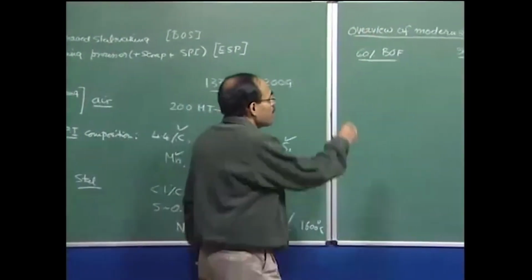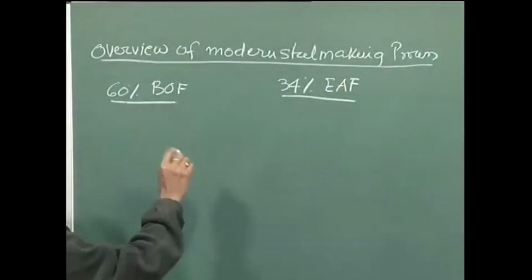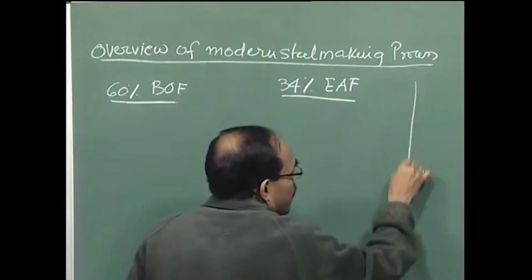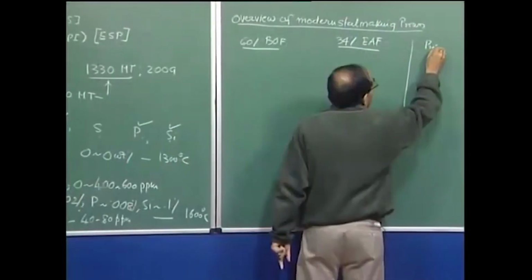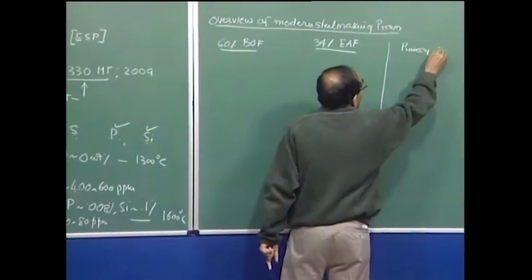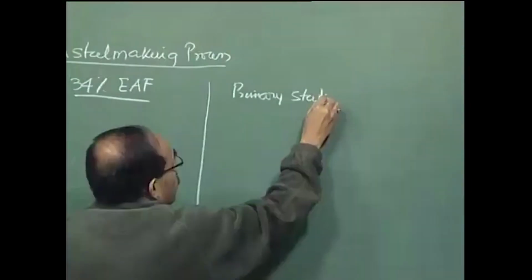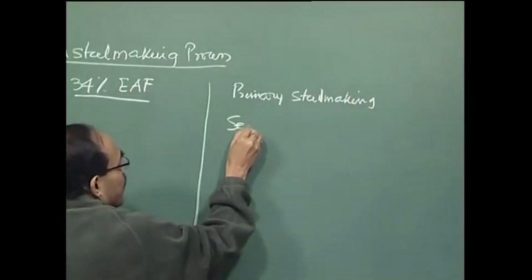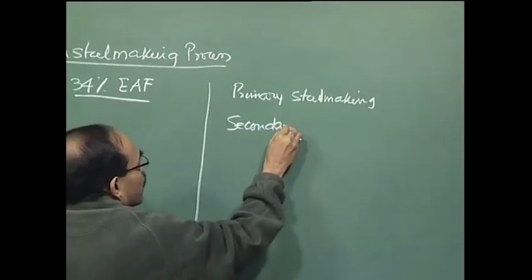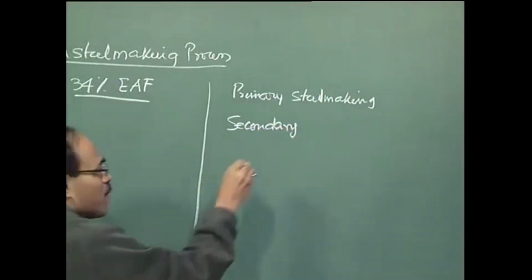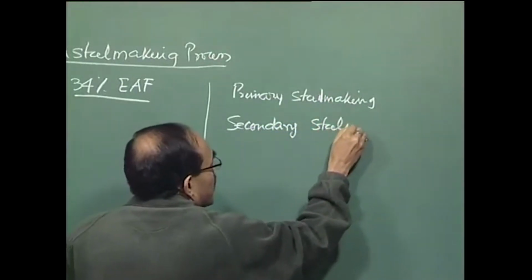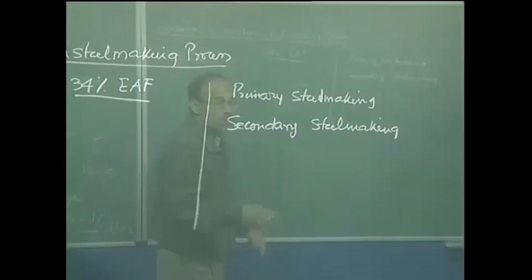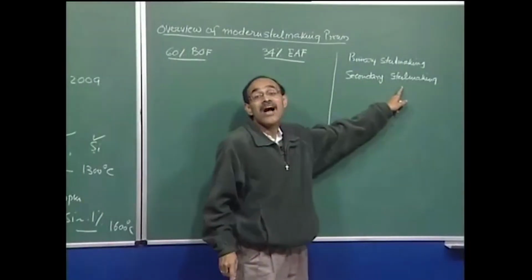So, steel making today we divide into 3 different categories. We have primary steel making, and we have secondary steel making. I myself do not like the name secondary steel making, as if it is not so important, but as we will see in this course, secondary steel making today is the heart of steel making.